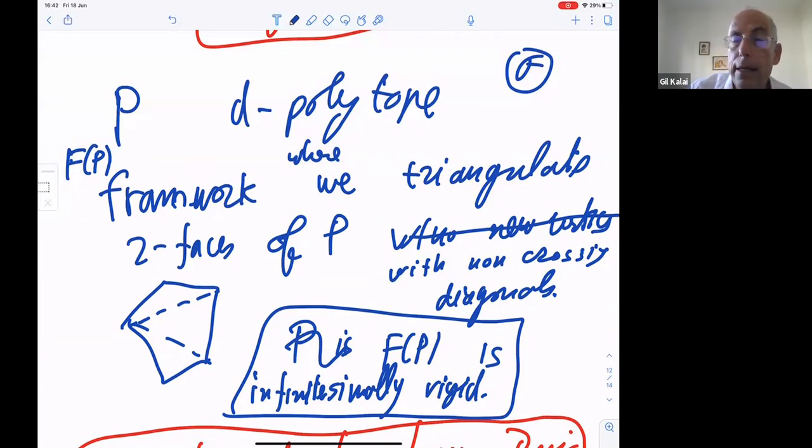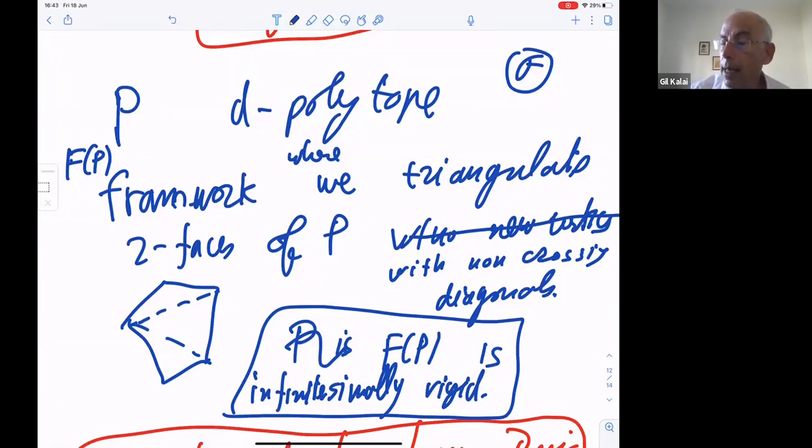Then you use the cone lemma that when you add the additional vertex, the resulting subgraph is d-rigid. And then you have sufficiently many pieces of d-rigid subgraphs with large intersections that allow you to conclude that the full framework is infinitesimally rigid.